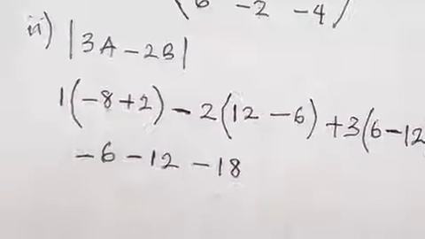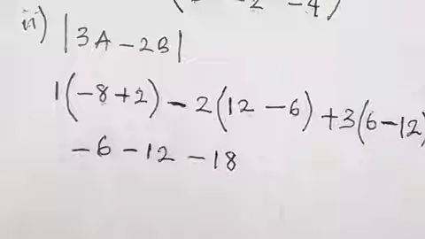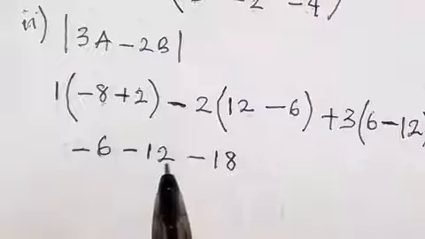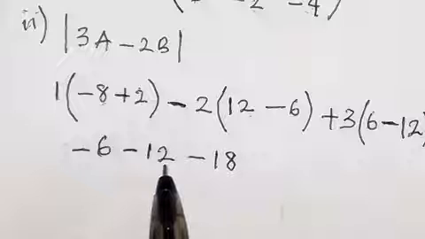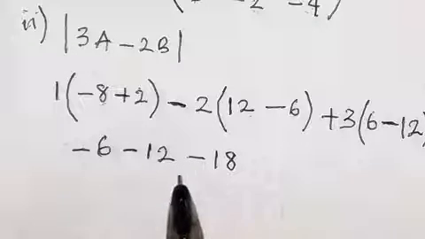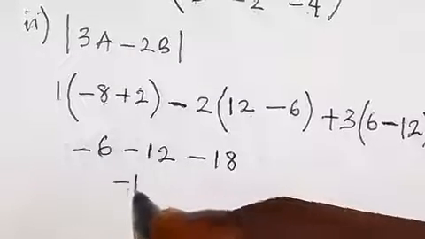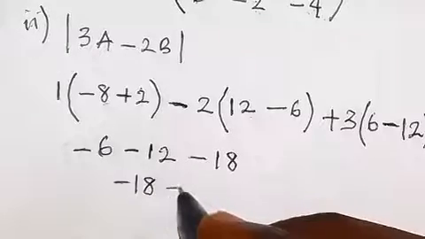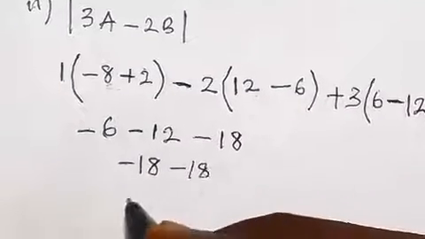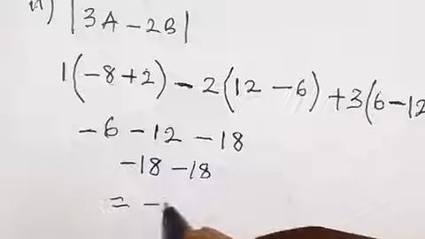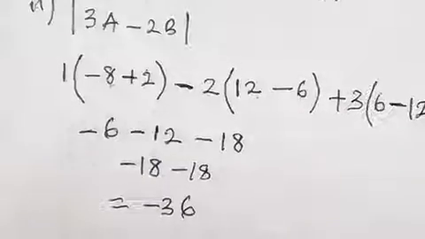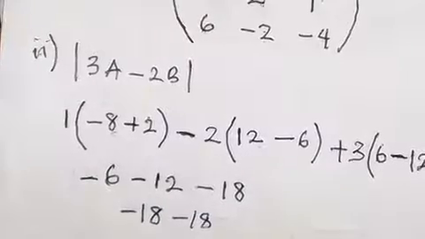By the time we finalize our result, we have minus 6 minus 12, that's minus 18. Then minus 18 minus 18, and finally we have minus 36. So that's the determinant of 3a minus 2b.